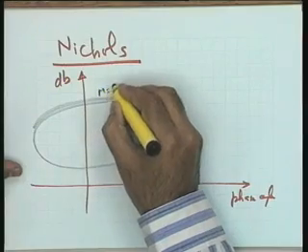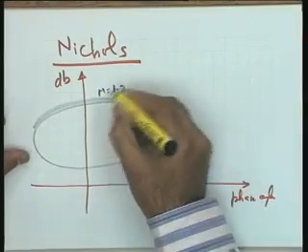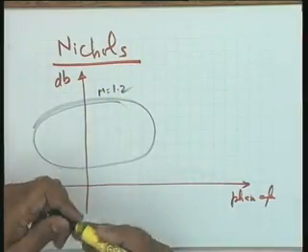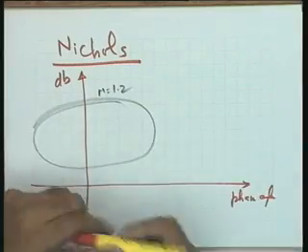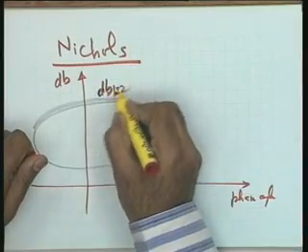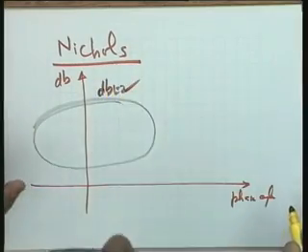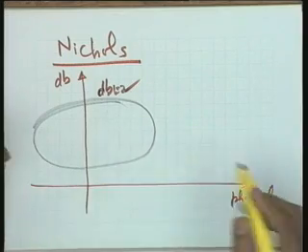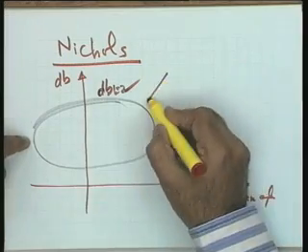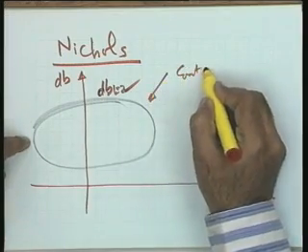M is equal to 1.2 I am taking, you can write it equivalently in decibels also. Okay? In terms of dB normally it is written as far as the final plot is concerned. So, in this case now I can say it is a constant M contour.